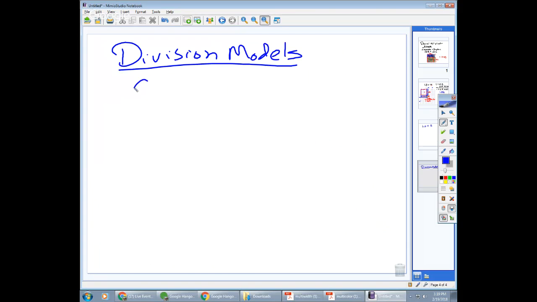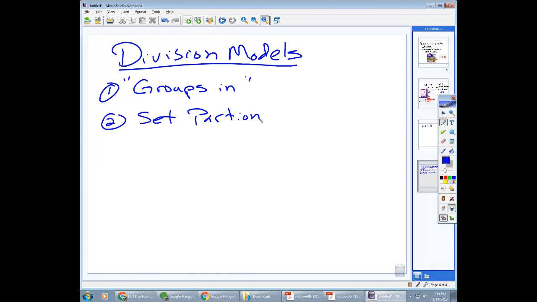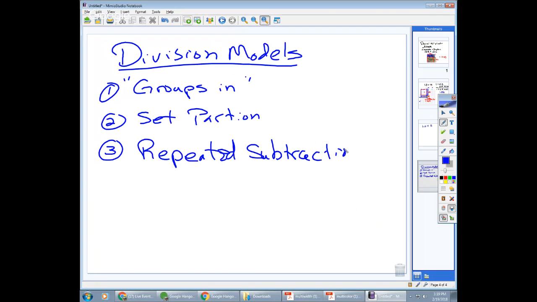Remember that one? How many groups of this are in that? Another one was called the set partition. I need to split up all this stuff among my 3 friends. Okay, slightly different perspective on it. What's another one? Repeated subtraction. Nice. And there were 2 names for the other one. Missing factor, or what do I multiply by?